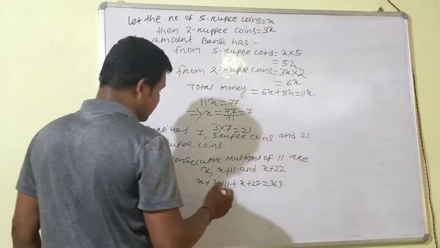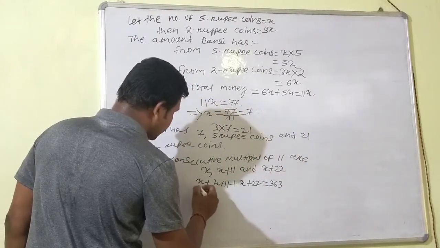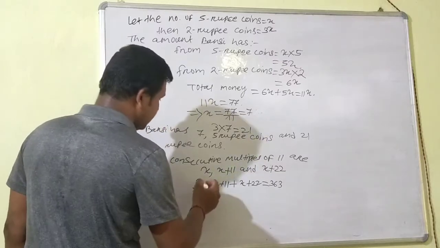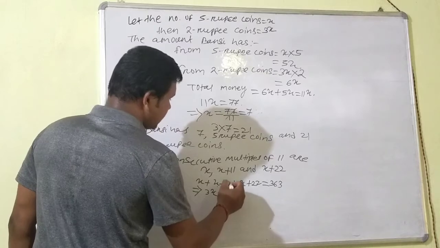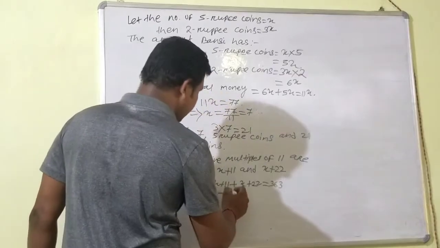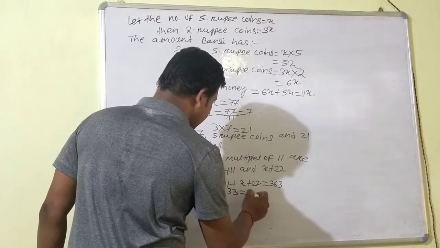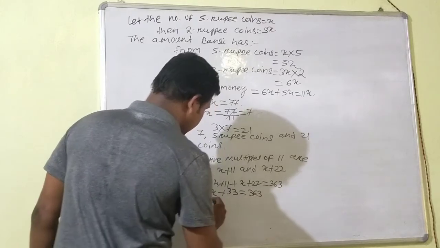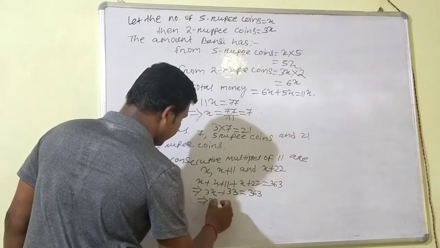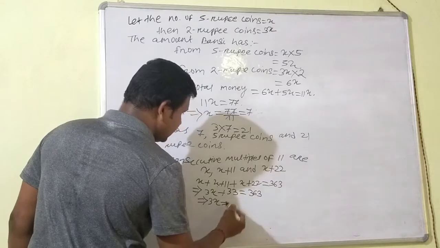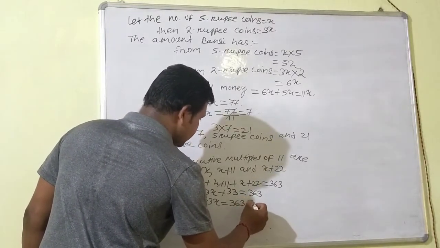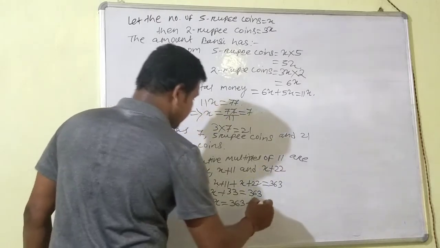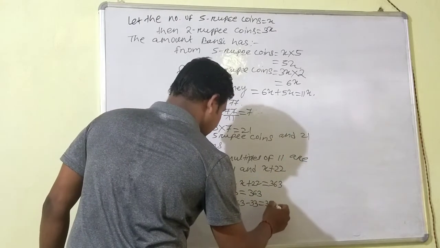Now we'll solve to find out three consecutive multiples of 11. So x plus x plus x, that is 3x, plus 11 plus 22 is 33, equal to 363. Now next step, we will transpose 33 to the right hand side. It will be minus 33, 363 minus 33, that is 330.